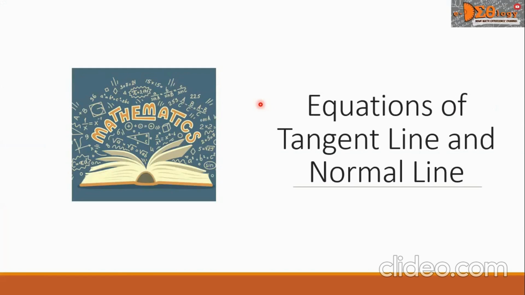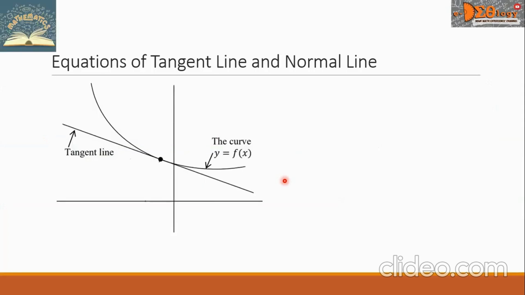Hi everyone. Today we're going to study equations of tangent line and normal line. Given the function y equals f of x, and this is the curve. Now we have a tangent line that intersects the curve at the point x sub 1, y sub 1.